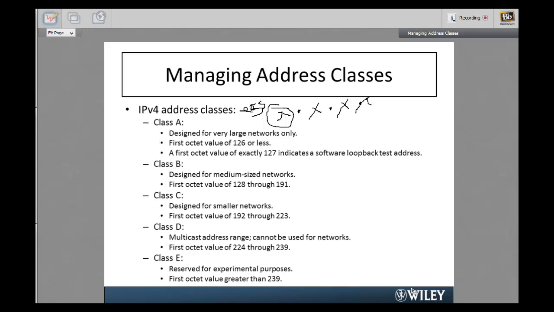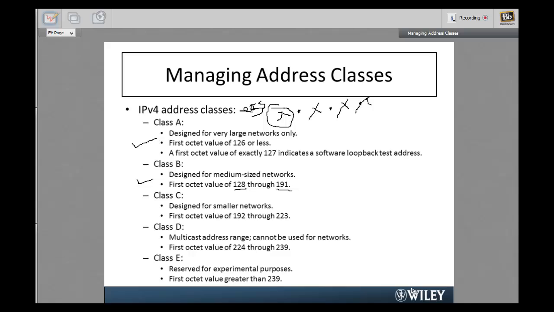Okay, so let's look at the classes. This is class A. Class B is designed for medium-sized networks. The first octet value goes from 128 to 191.